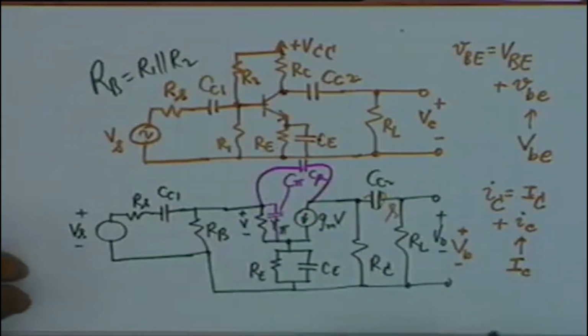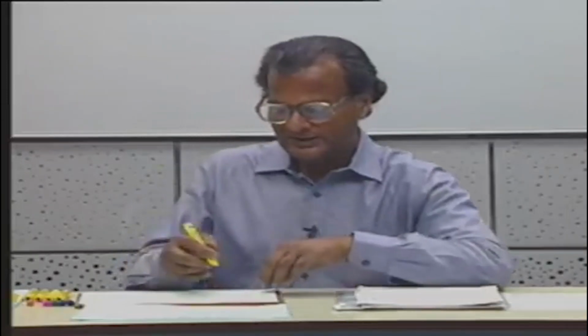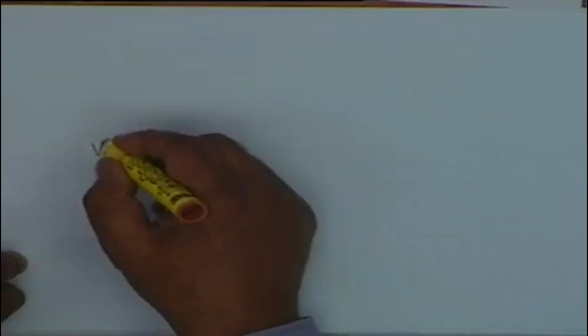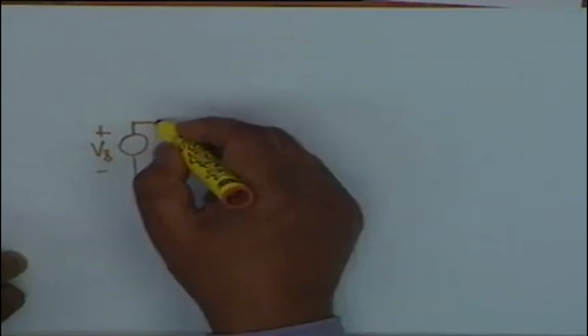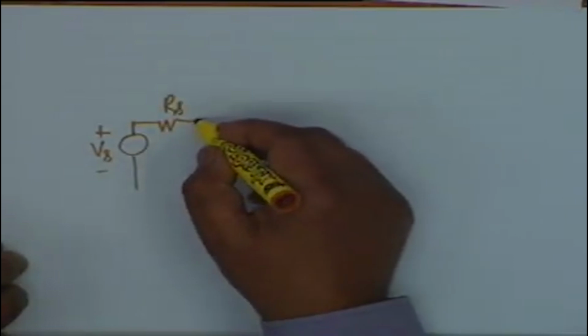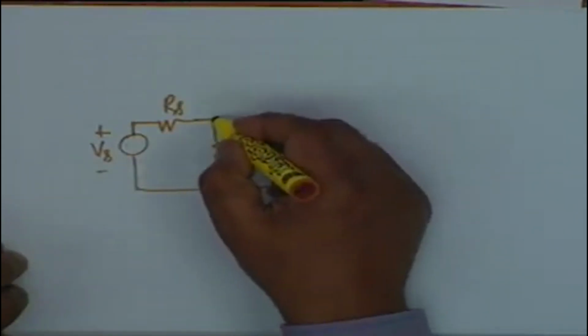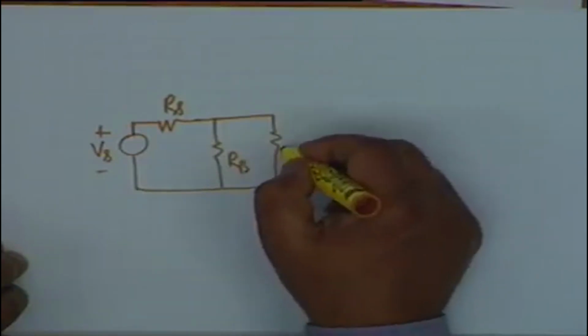And therefore, at medium frequencies, which is also called the mid band, our equivalent circuit would be Vs, then Rs, CC1 will act as a short, then we shall have Rb in parallel with R pi.